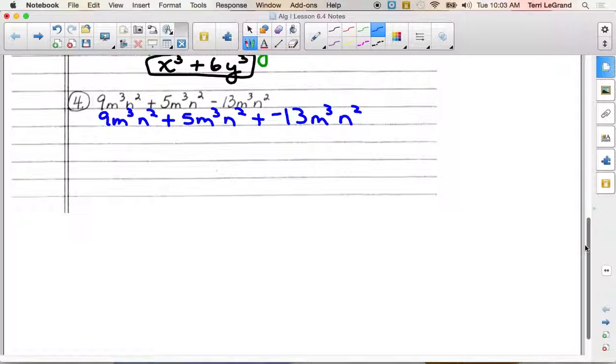Because they have like terms, they can be combined. How many monomials are there here? 3. When we decide whether a monomial is like another monomial, if they're like terms, what do we look at? How do we make that decision?